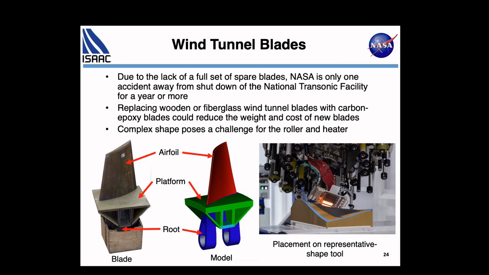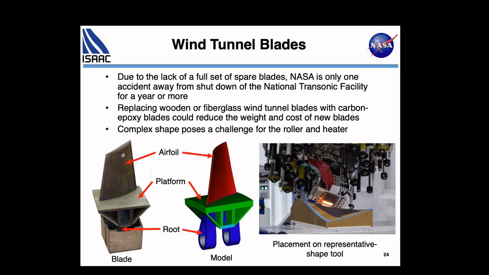Some of you are familiar with NTF. The National Transonic Facility here does not have a full set of wind tunnel blades. So if something really bad happened in the tunnel, they'd be down for a long time getting new blades built. Unfortunately, we can't build blades quick and easy the way they had suggested. It takes a lot of design work and a lot of trials.